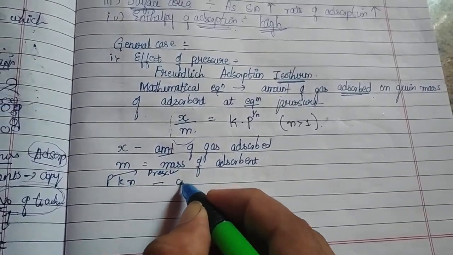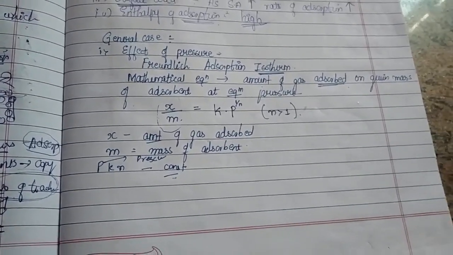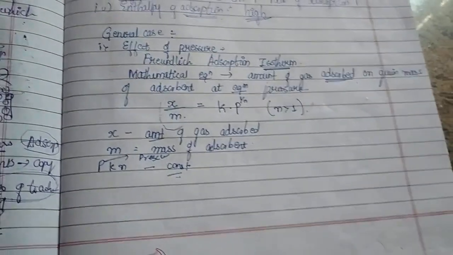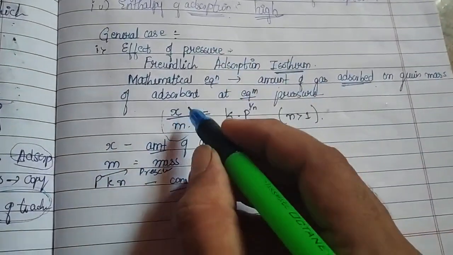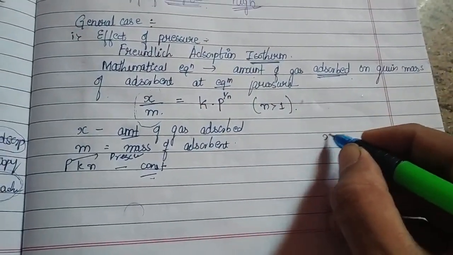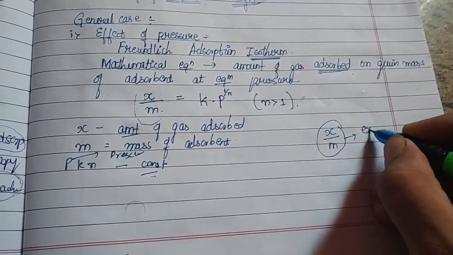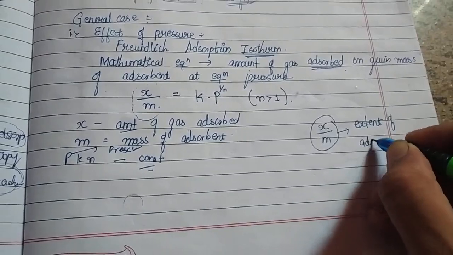K and n are constants at a particular temperature. If somebody asks what the overall form of x by m indicates, it indicates the extent of your adsorption.